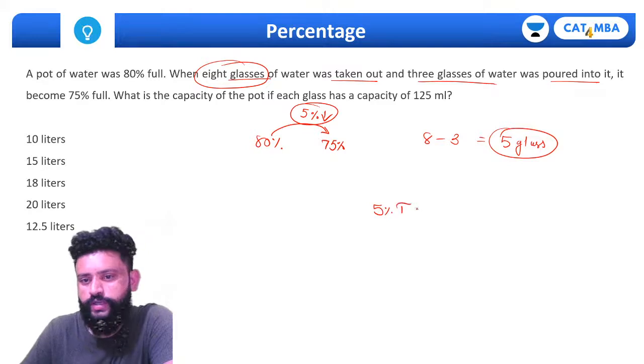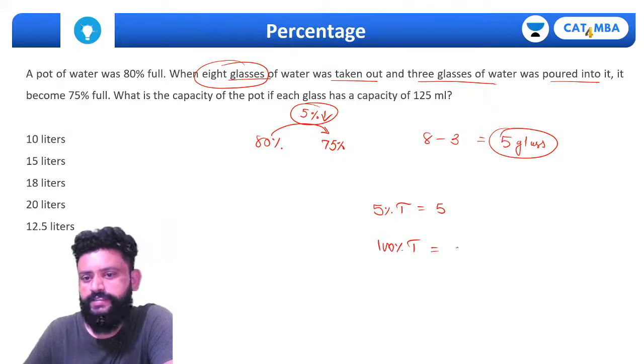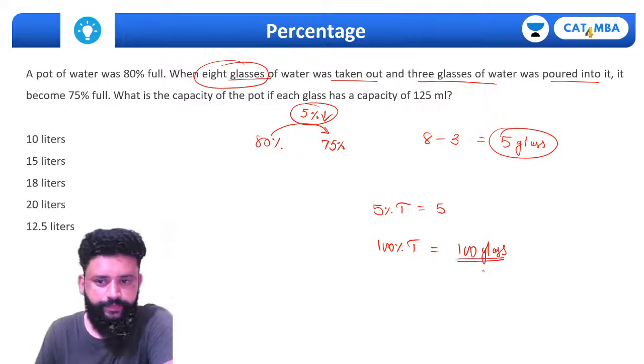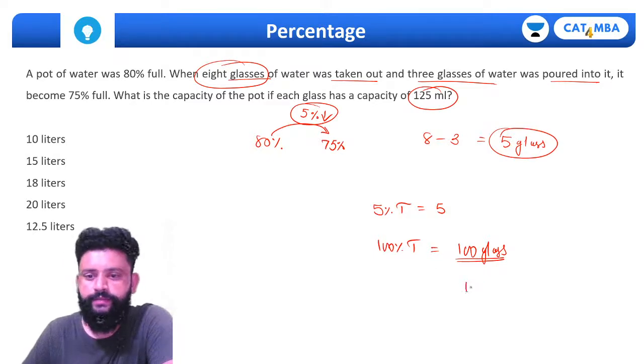5% of the total capacity must be 5 glass. So 100% of the total capacity must be 100 glass. 1 glass is 125 ml.